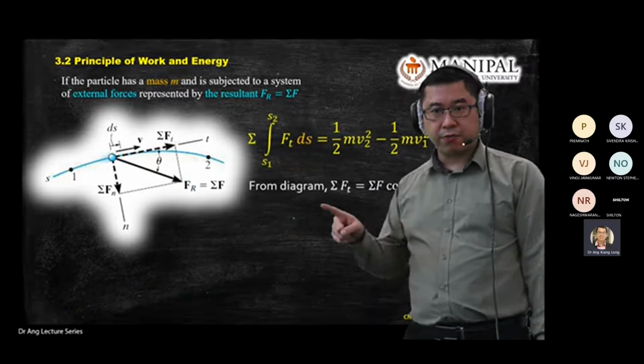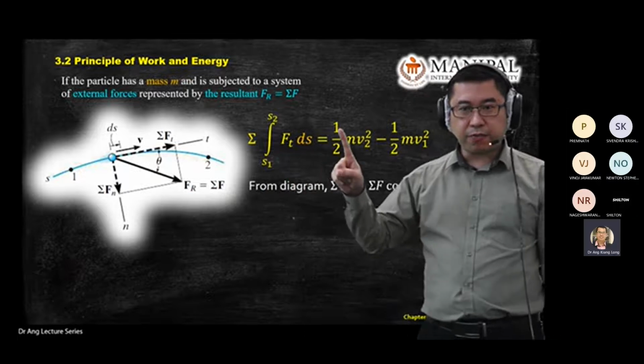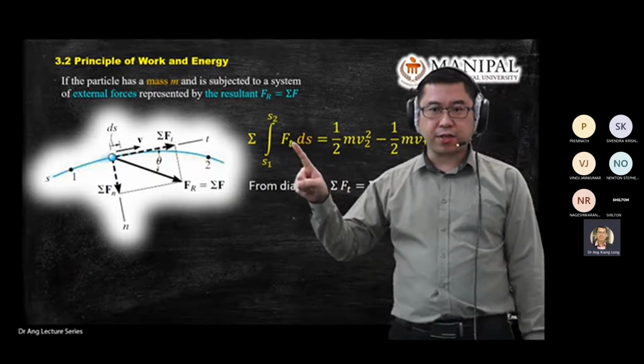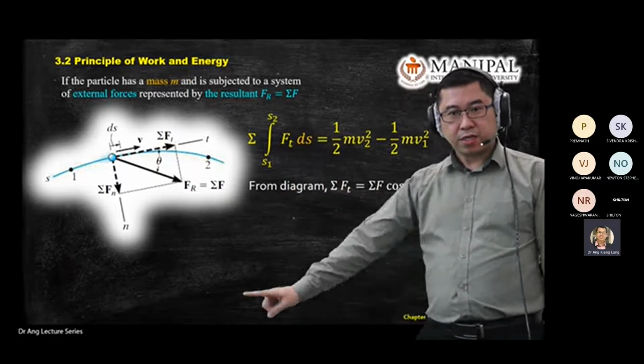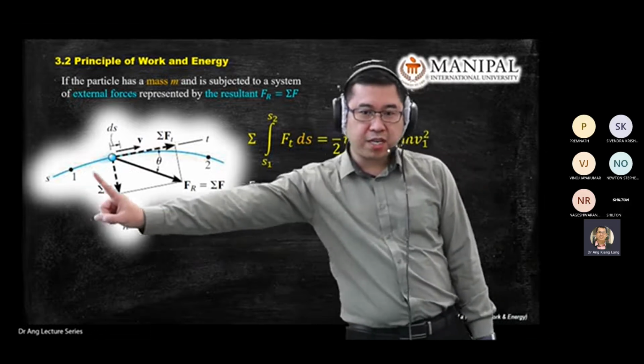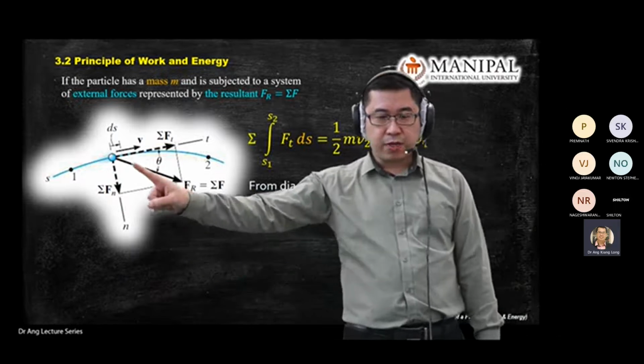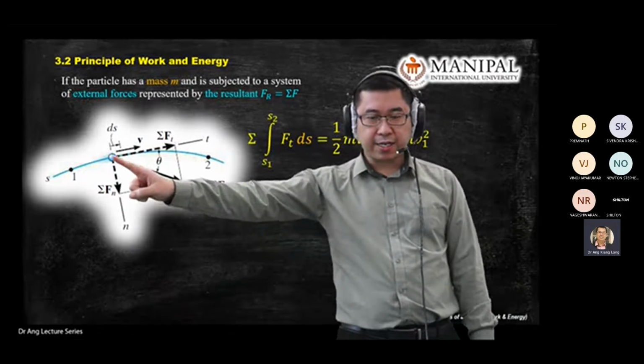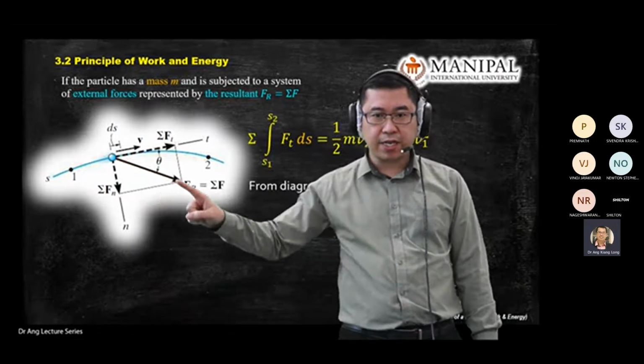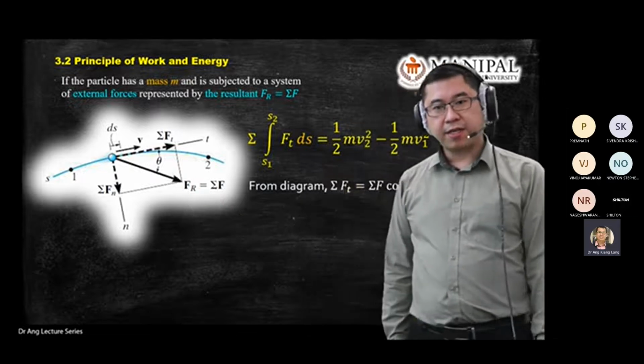Next, from the diagram, we have done with the right hand side. Now we focus on Ft. So if this object moves in curvilinear motion, and we know that this object is having an external force in the resultant direction.